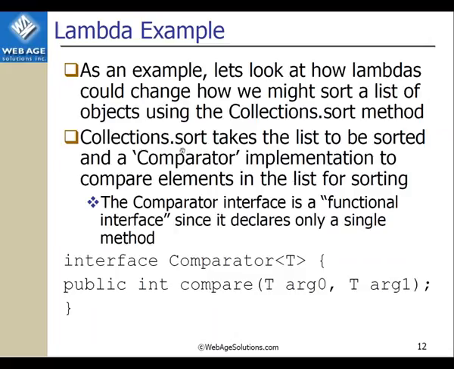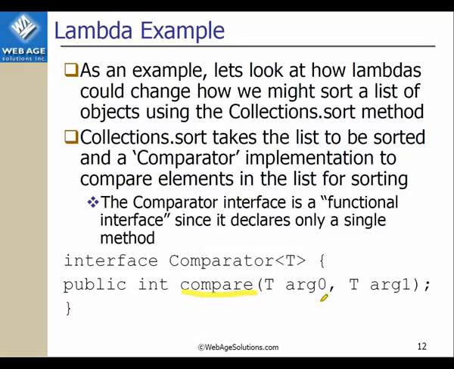So that's what we have with this comparator interface: we have to provide an implementation of this compare method. And notice the compare method takes two arguments, the two things that we are comparing, and returns an int. That int is supposed to signify which comes first.